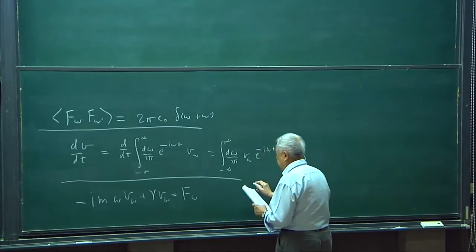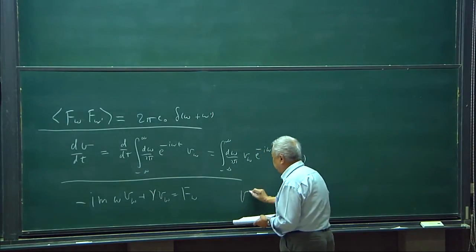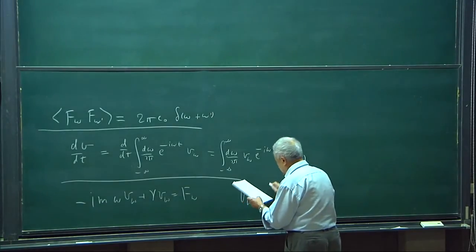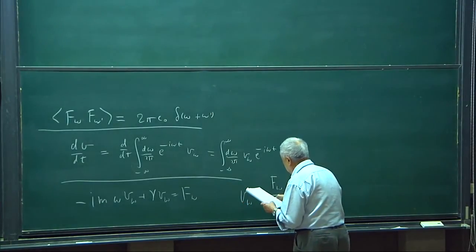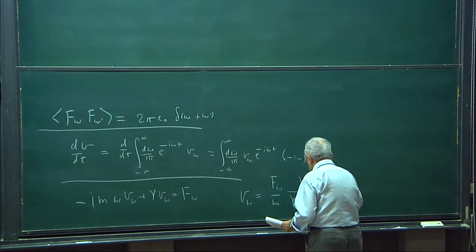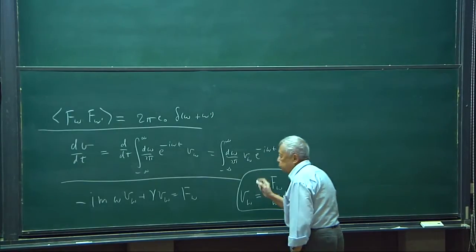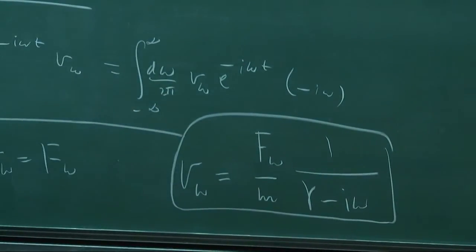And therefore, you can solve for the Fourier transform: v of omega is equal to f of omega over m times 1 over gamma minus i omega. And this is a solution. And we can now use this to calculate correlation functions.